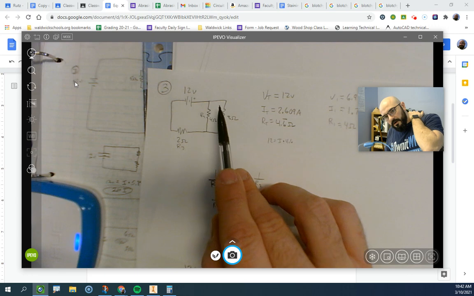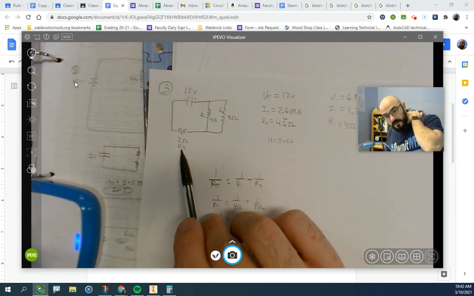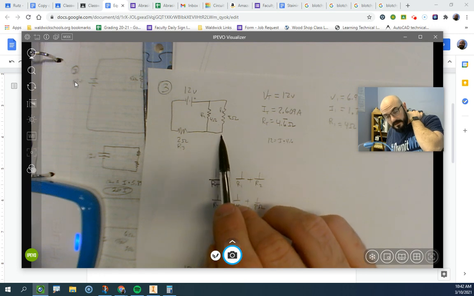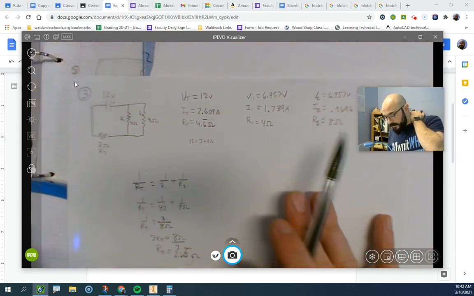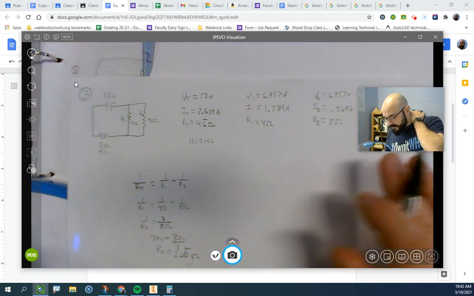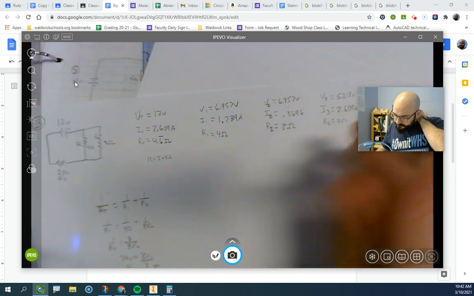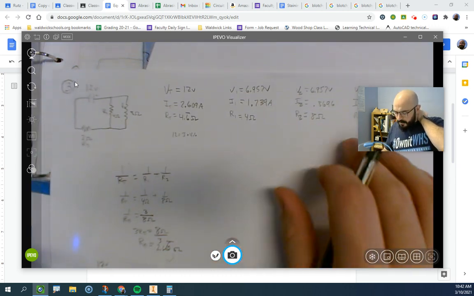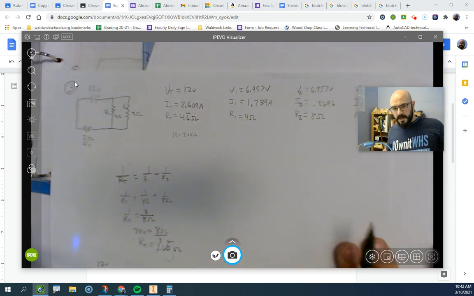Our current value should be the same between R3 and the other things in series. So when you add up your current values of R1 and R2, it's the same, 2.609 amps. Because in series, your total current is equal to the current of every single object.